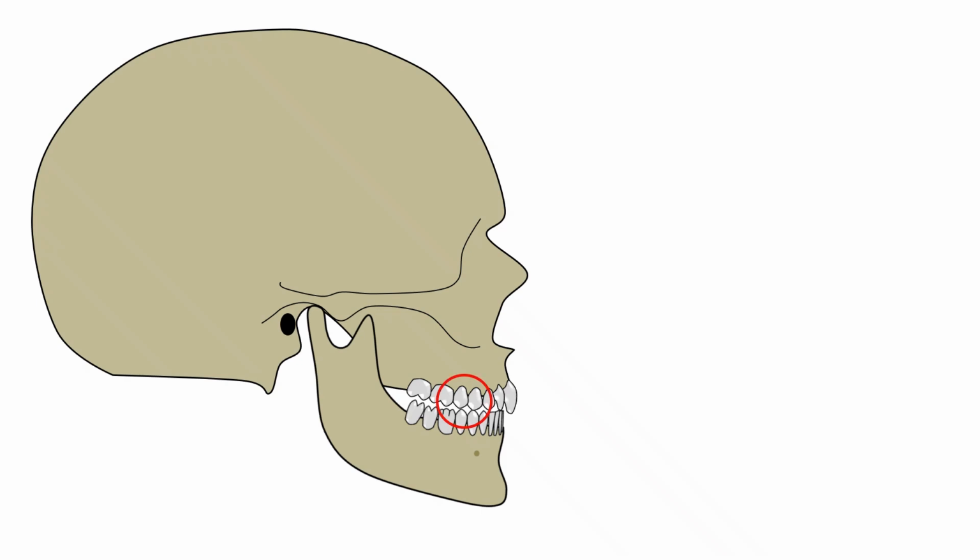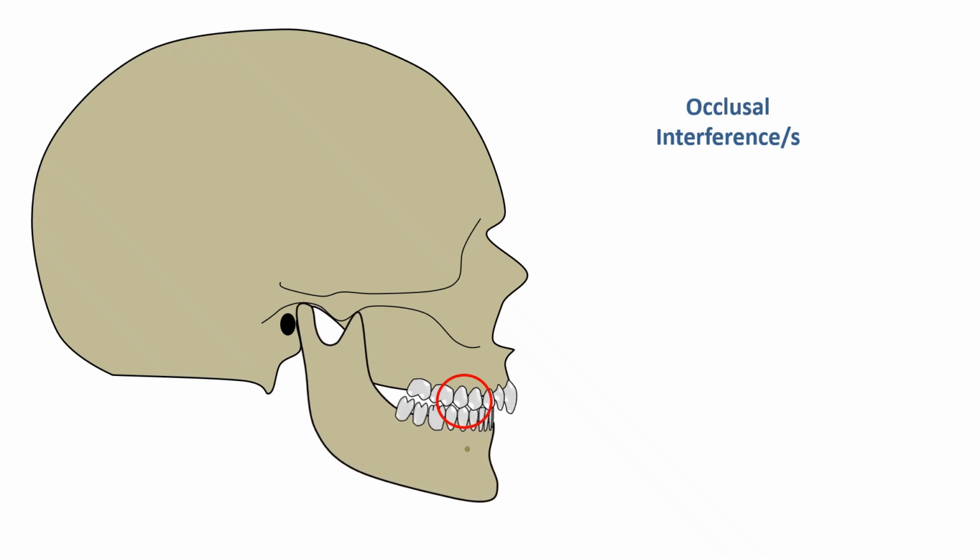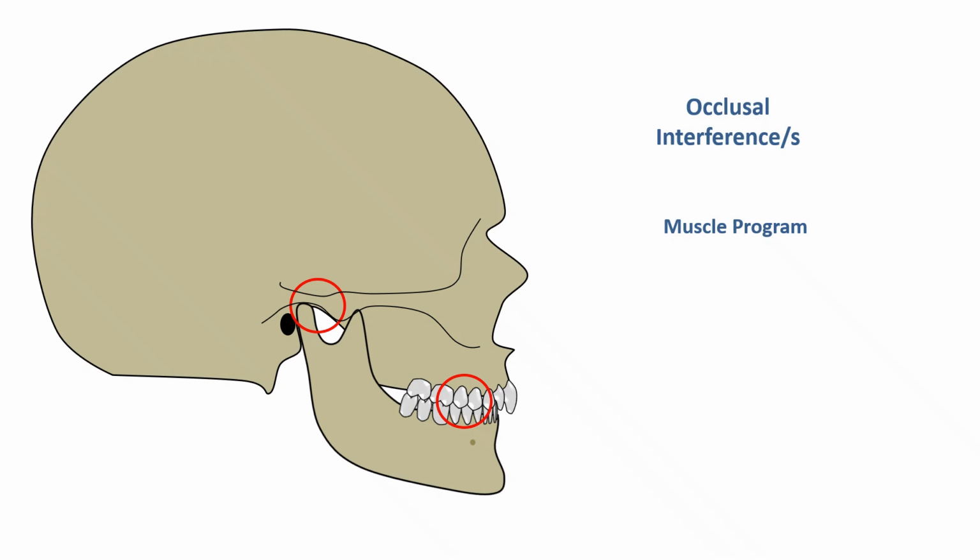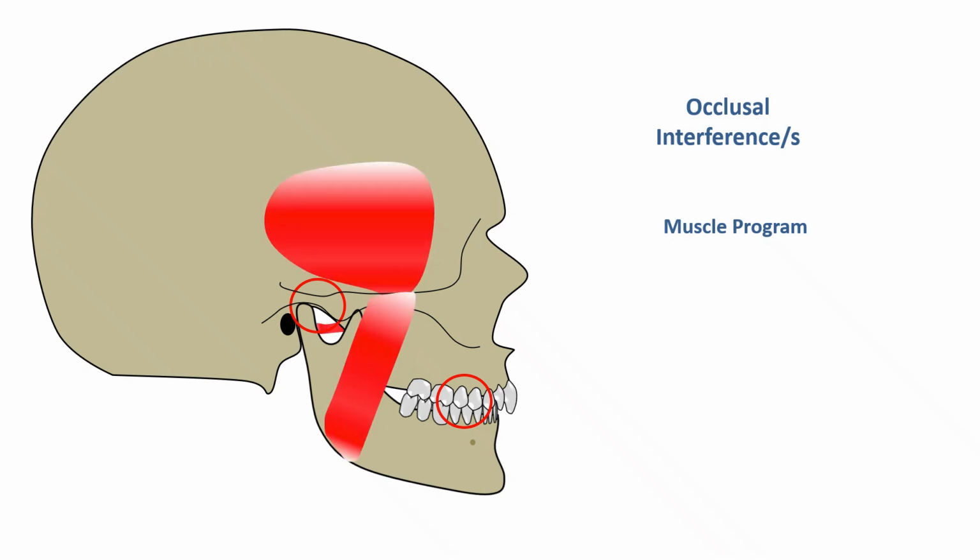Such abnormal contacts are called occlusal interferences. These occlusal interferences tend to push the mandible into a habitual position, which we call a habitual centric, and because of this the muscles get programmed to this habitual closing, and this is called muscle memory or an engram. This is how the habitual centric develops.